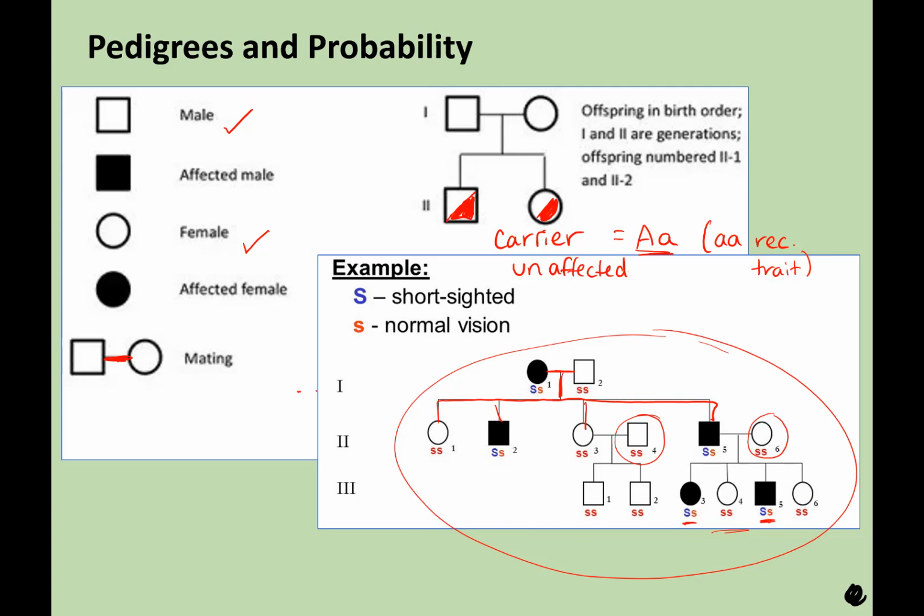We designate the generations by Roman numerals, and we designate the people in the pedigree along one generation by numbering 1 through whatever. So you can say, okay, person 3, generation 2, so 2-3, and we can talk about their genotype or their phenotype.